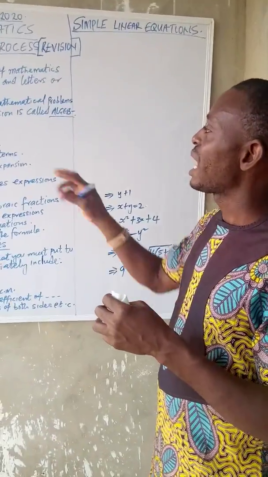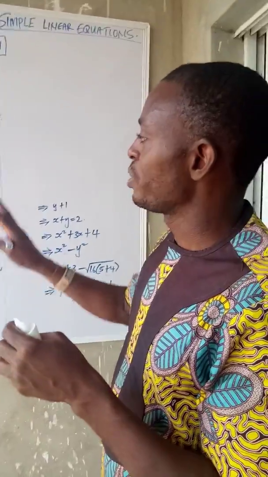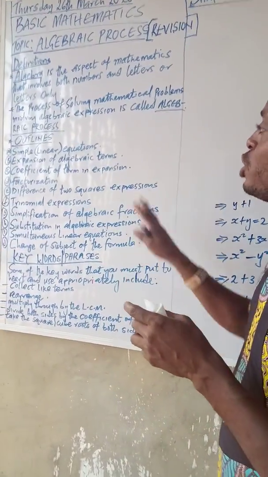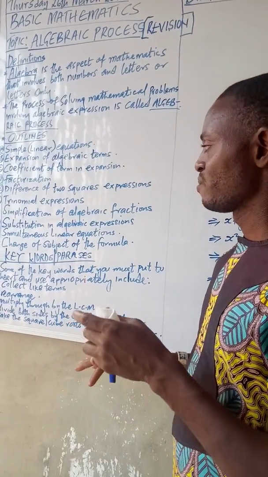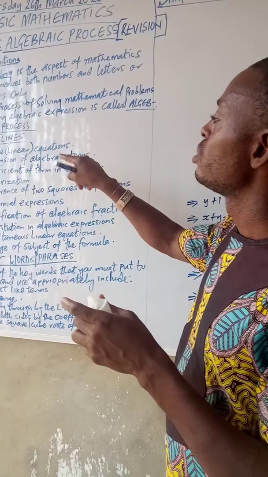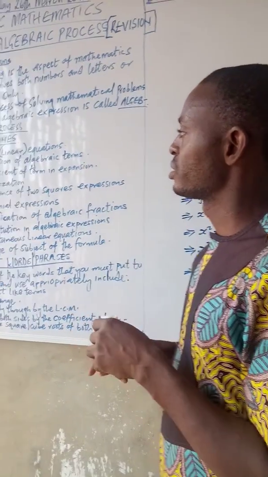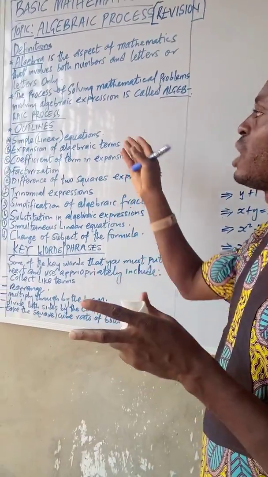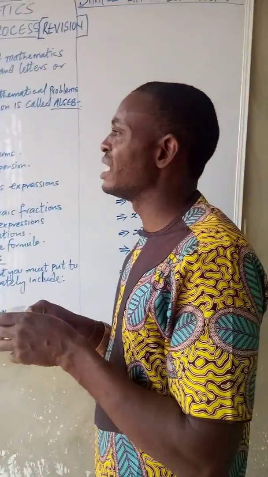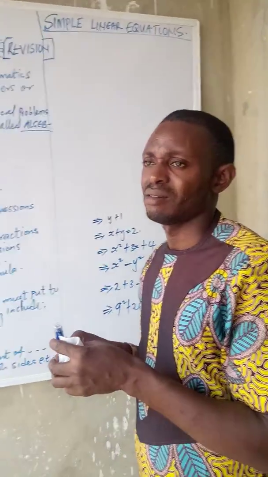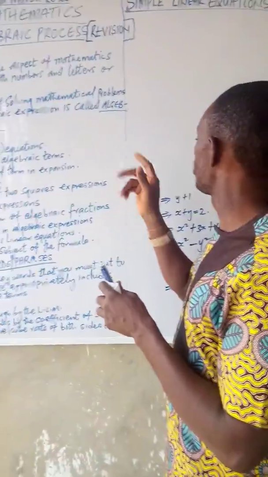Now, the outlines that we may cover under this algebraic process. Algebra covers a lot of areas in mathematics. The first one we'll be treating will be simple linear equations. By simple linear equation, we mean equations that have unknowns in single power.